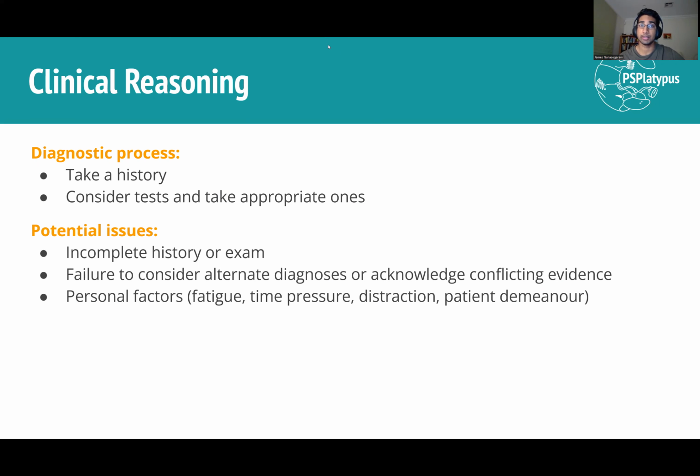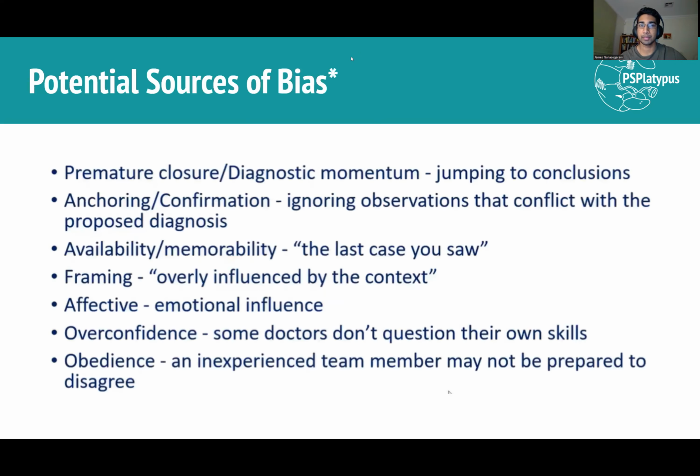If there's evidence that your diagnosis is wrong, or at least the one you're thinking of is wrong, then you really need to be on top of that. And then personal factors. So there's a lot of different things that can go into it, a lot of moving parts, but basically you want to make sure that you're acting at your best and that the patient, well, not that you can do about the patient, but you can make sure that you're performing as well as you can.